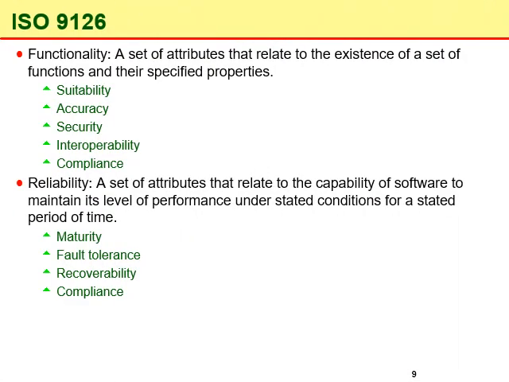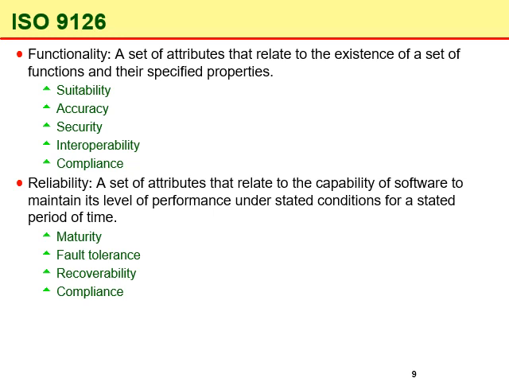The first quality factor of ISO 9126 we discuss here is functionality, which relates to a set of functions and their specified properties. The functions are those that satisfy stated or implied needs. Functionality has several sub-characteristics such as suitability, accuracy, security, interoperability, and compliance.